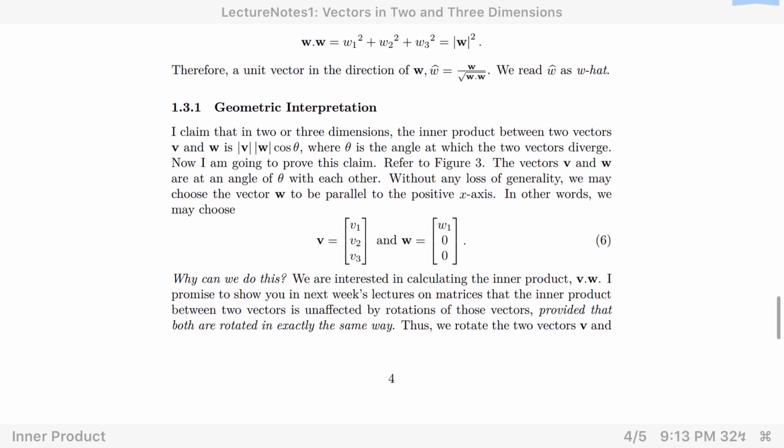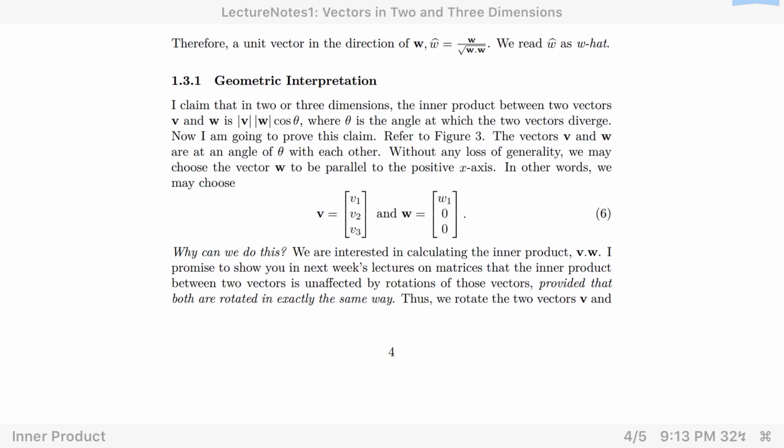Okay, so now I'm going to make a claim. The claim is that the dot product of 2 vectors v and w is equal to the modulus of v times the modulus of w times cosine theta. Remember, what is the definition of v dot w? V dot w is v1 w1 plus v2 w2 plus v3 w3.